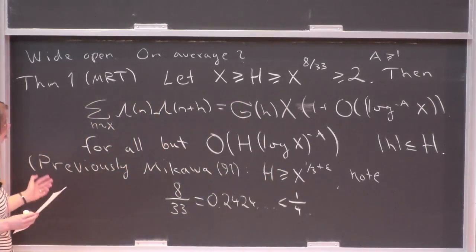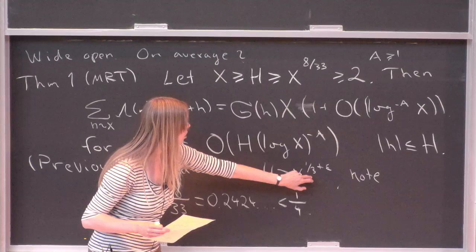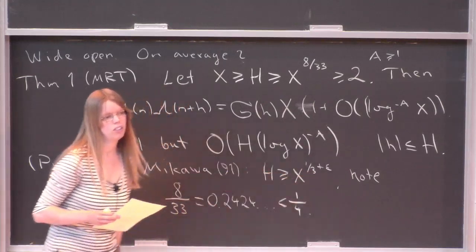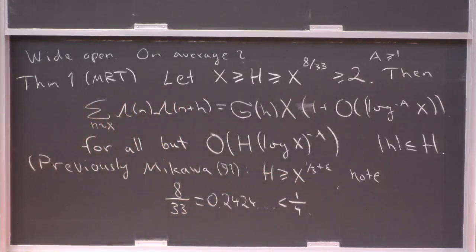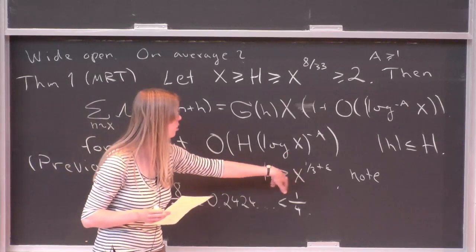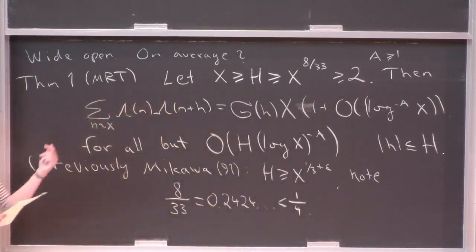There is a reason for this exponent 1/3 here. It is twice the exponent that you get if you look at primes in almost all short intervals. It's known that the asymptotics for counting the number of primes in short intervals is true for almost all h with h up to x^(1/6). And here this is twice that exponent, for reasons of how the proof works.